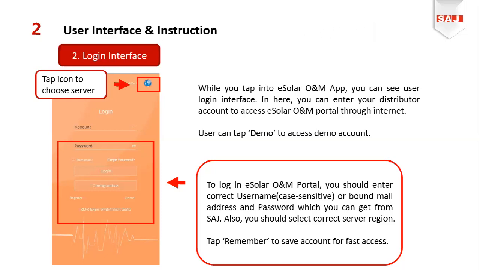Then you can directly go to the application to log in with your distributor account. The default password is 123456. Also, you should select the correct server region. Also, remember to save your account for fast login.